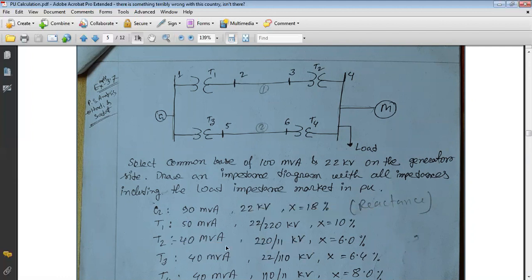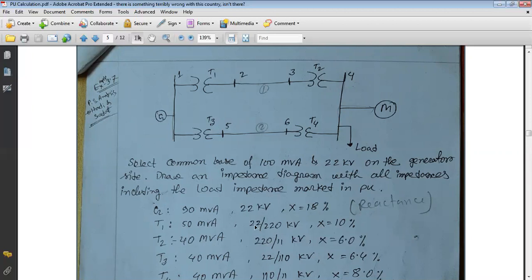The transformer rating is 22 by 220 kV. This 22 by 220 doesn't mean we have to divide 22 by 220. It means that one rating is given for the primary portion and the other rating is given for the secondary portion.